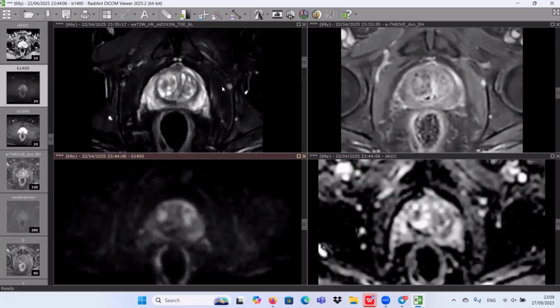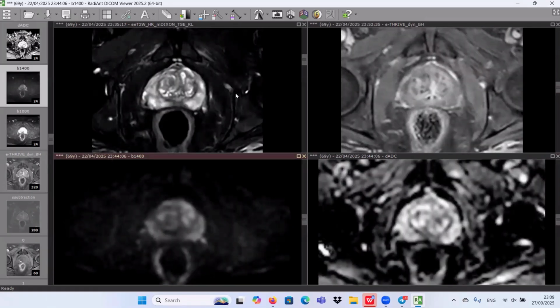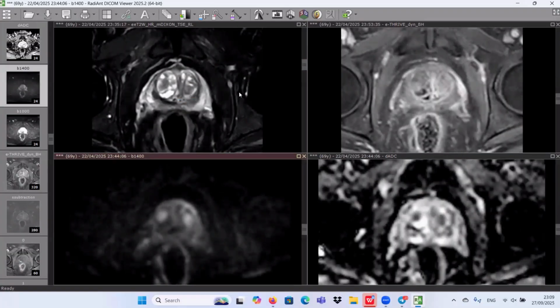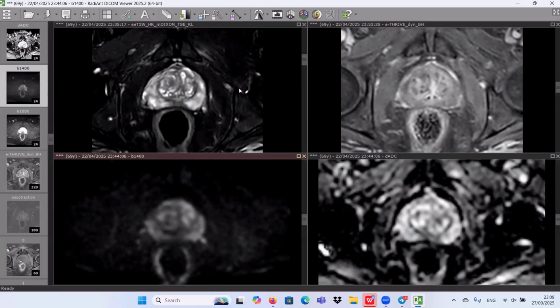Let's focus on the transitional zone. As you can see on the transitional zone, you will find many nodules, and these nodules show cystic changes inside, displaying bright T2 signal. Look at this nodule, for example. This is a nodule with sharply defined margin, so it is score 1 on T2 weighted image.